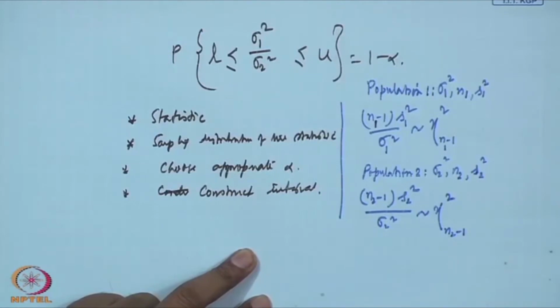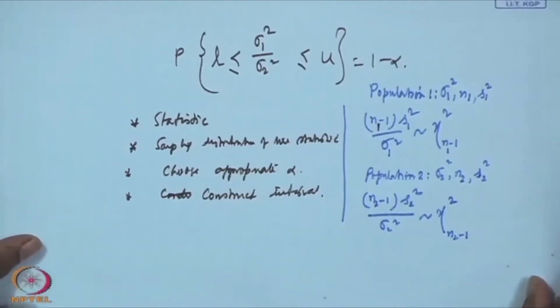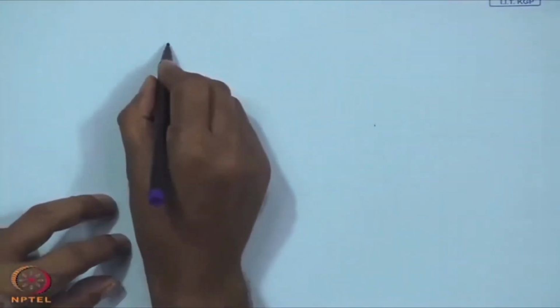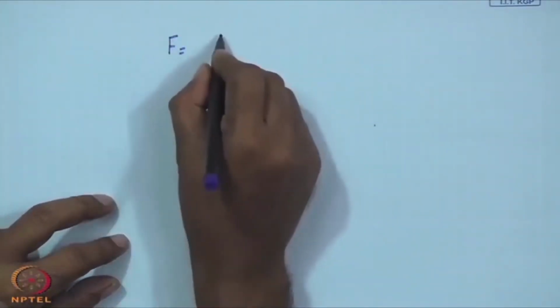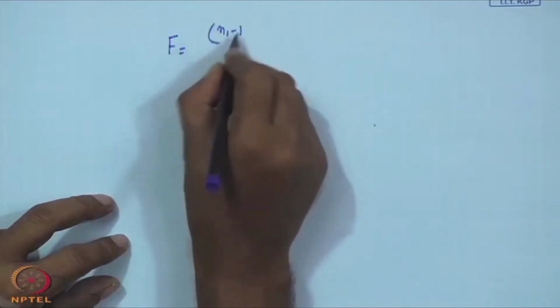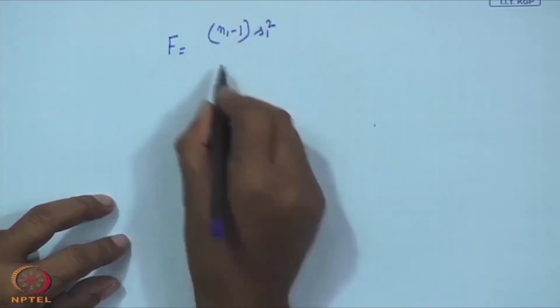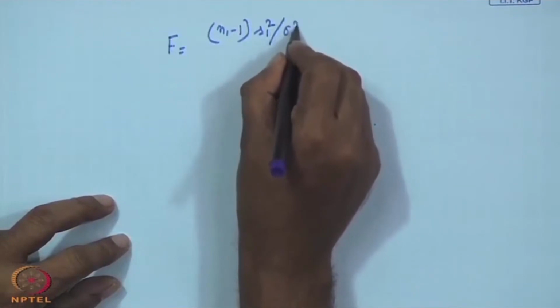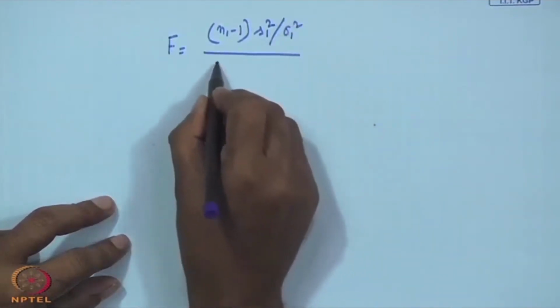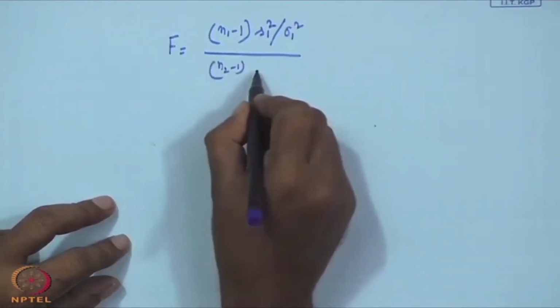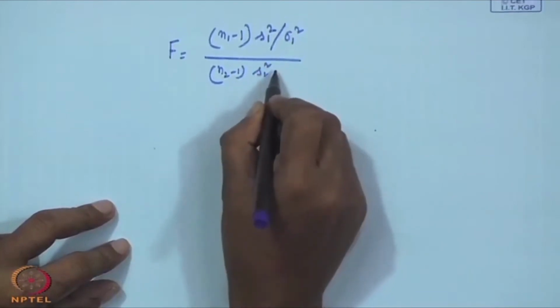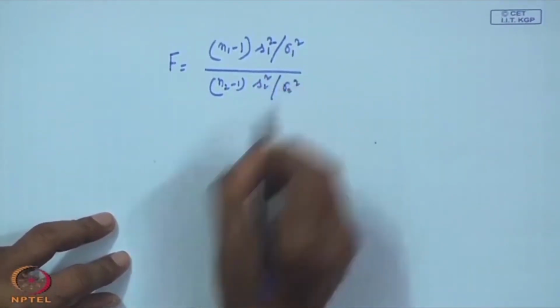If we can say this, we can also say that F equals n 1 minus 1 S 1 square by sigma 1 square, divided by n 2 minus 1 S 2 square by sigma 2 square.